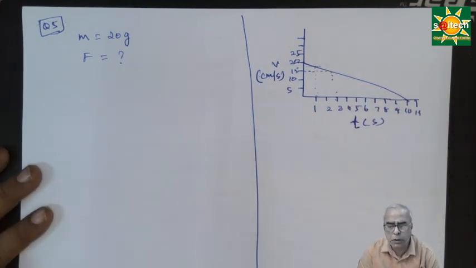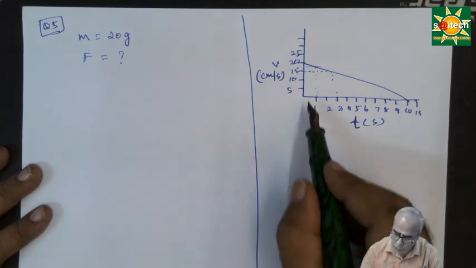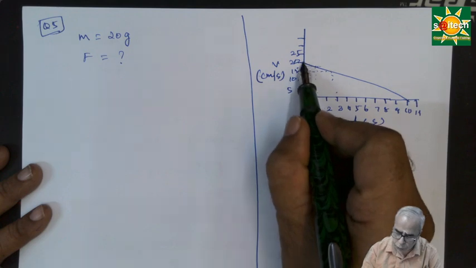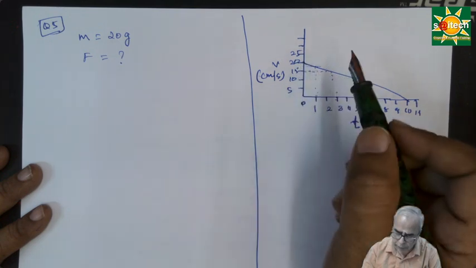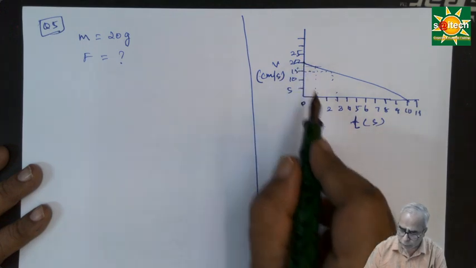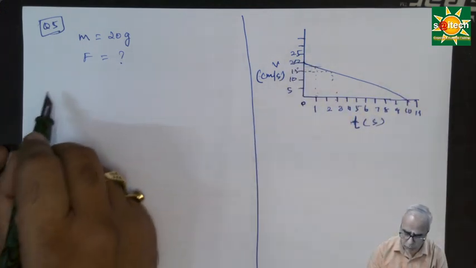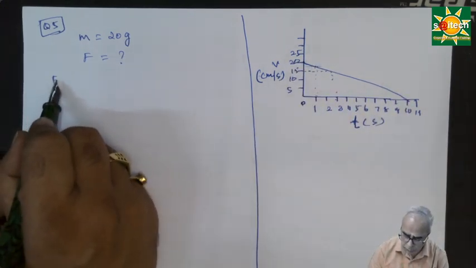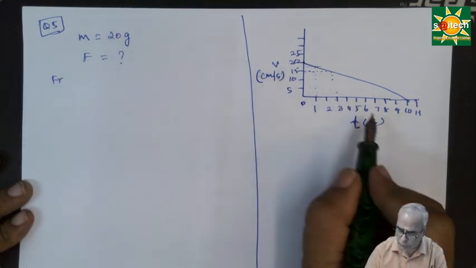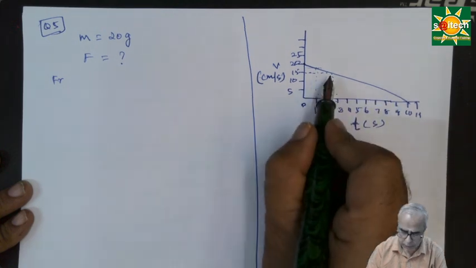The initial velocity of the ball at 0 second is 20, so we can obtain the data from this plot. It is not given directly in the problem; instead we have to interpret this data.